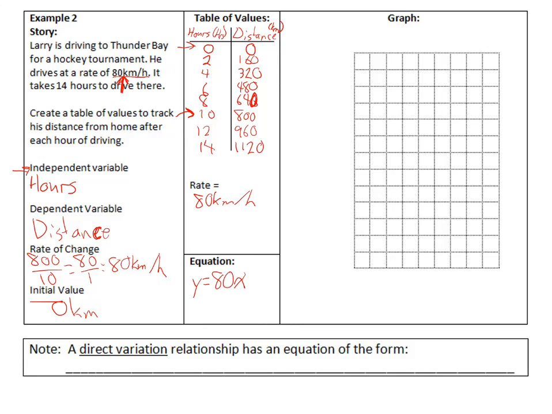Because for every hour that we drive, we are driving 80 kilometers. So when x is 0, y is 0. When x is 2, y is 160. When x is 4, y is 320. And I'm just reading off of the table up above. X is on the left side, Y is on the right.